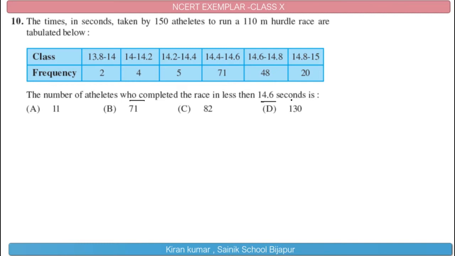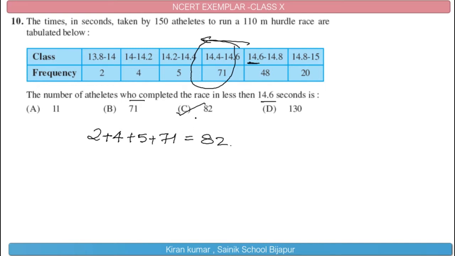We need to find the total number of athletes who have completed the race in less than 14.6 seconds. They are 2 added to 4 added to 5 added to 71. The total is 82. We need to consider less than 14.6. These frequencies are to be added, and this verifies option C as the right answer.